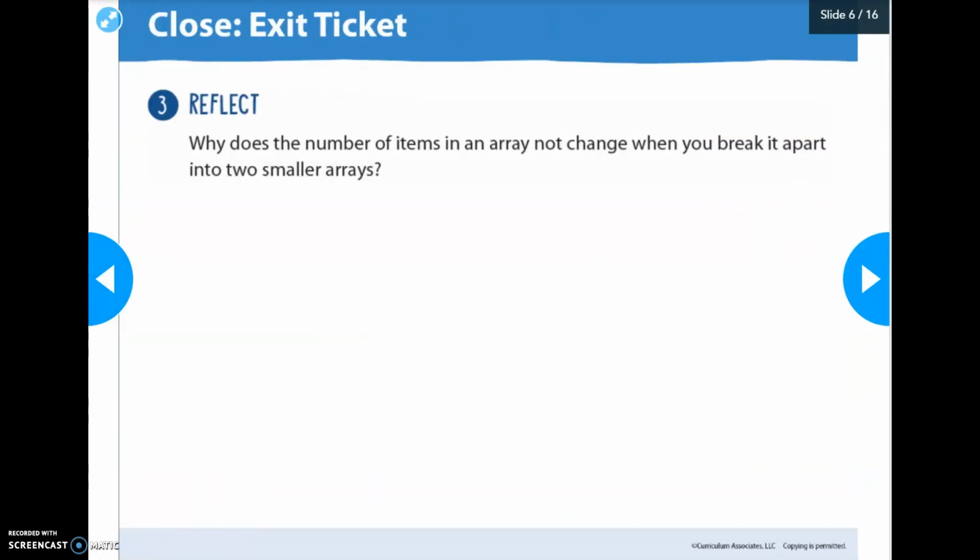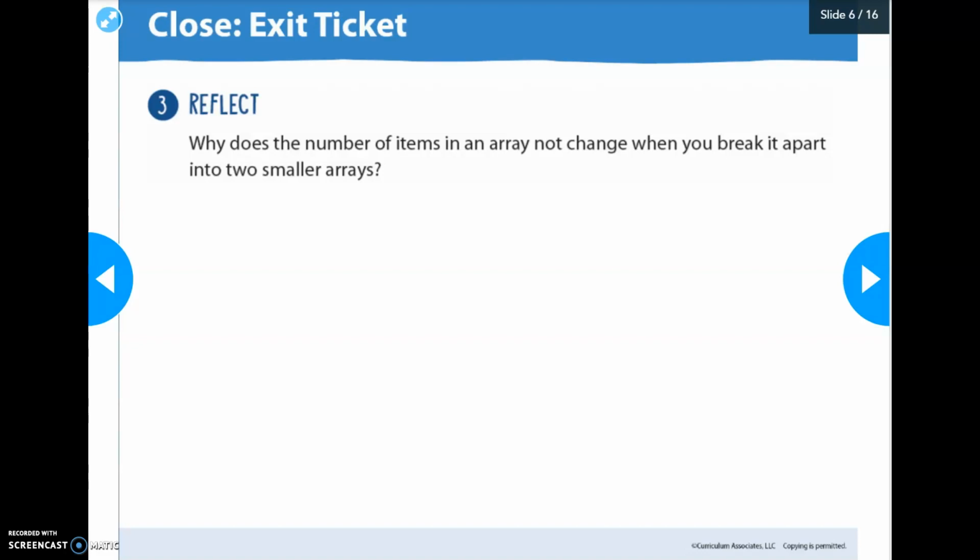Okay, let's go on. So number 3 says, why does the number of items in an array not change when you break it apart into 2 smaller arrays? Well, it doesn't change because we're not changing the total number. We're just changing how we counted.